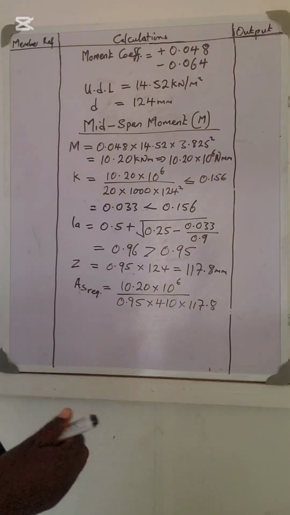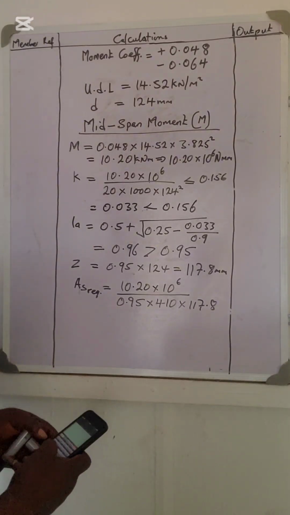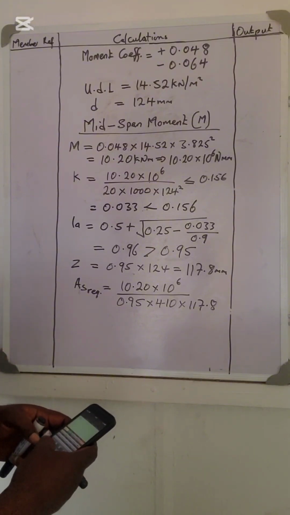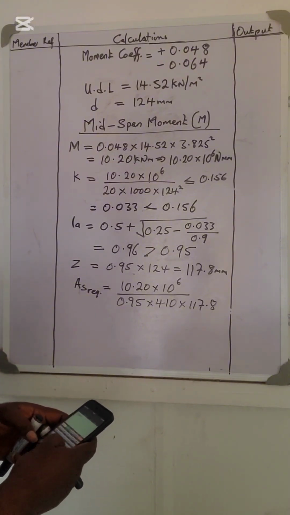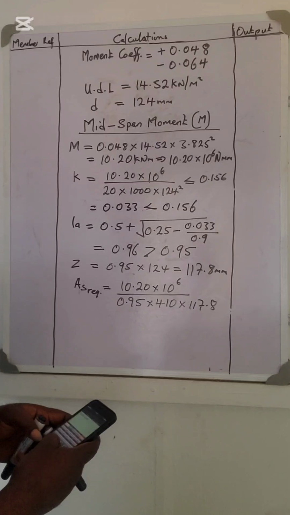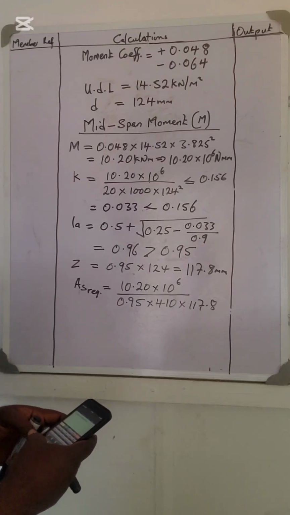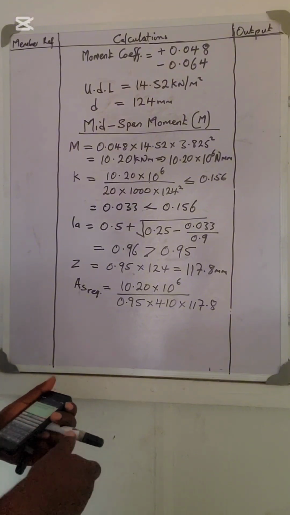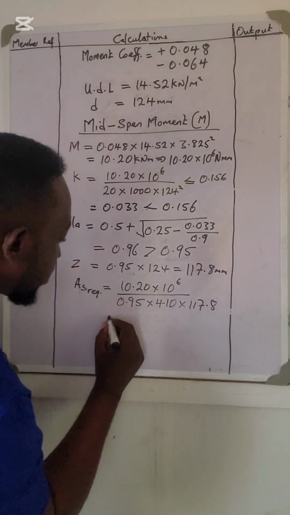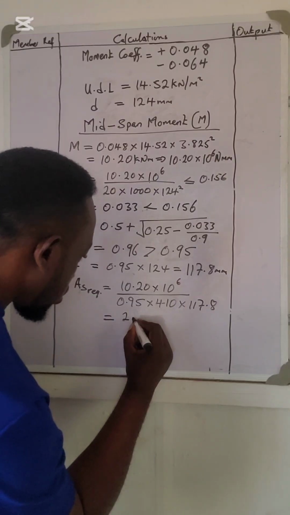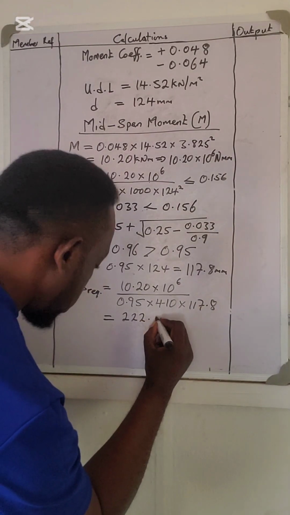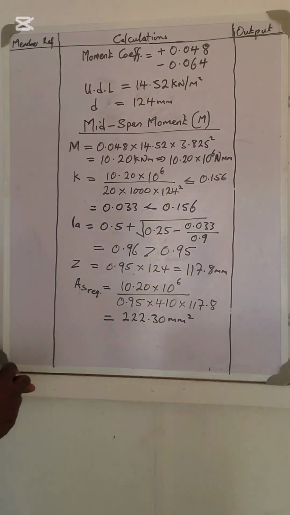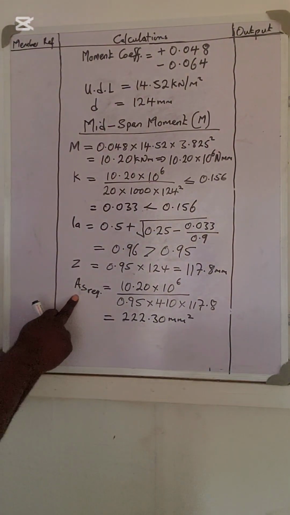If you compute this, 10.2 exponential 6 divided by 0.95 multiplied by 410 multiplied by 117.8, this will give me 222.30 millimeter square. I have gotten this value for our AS required.